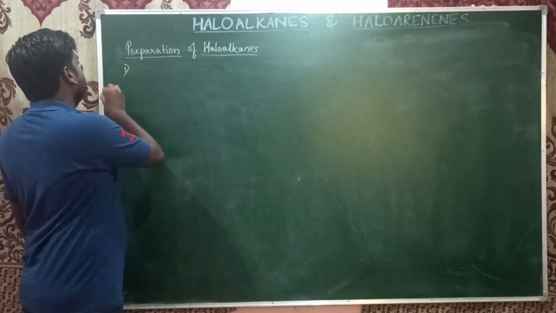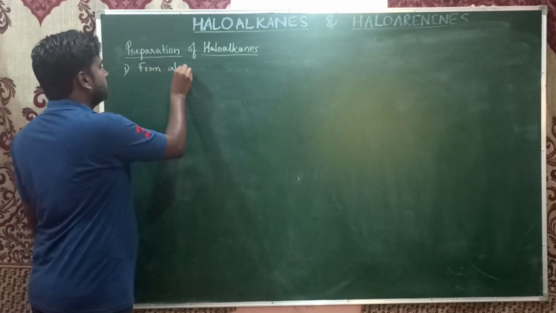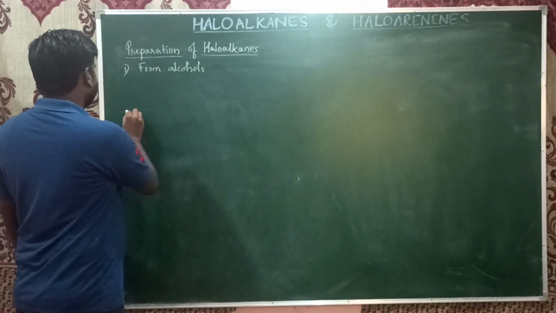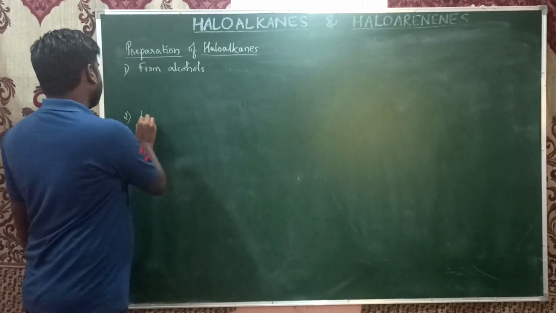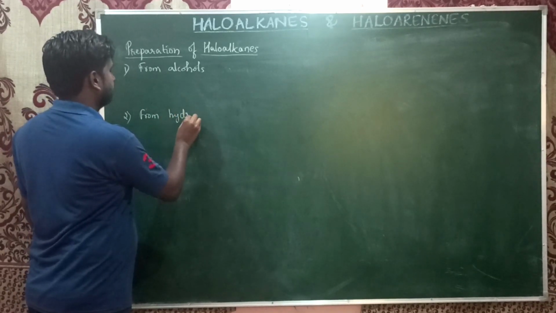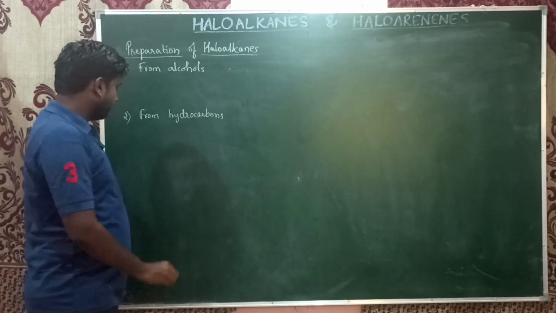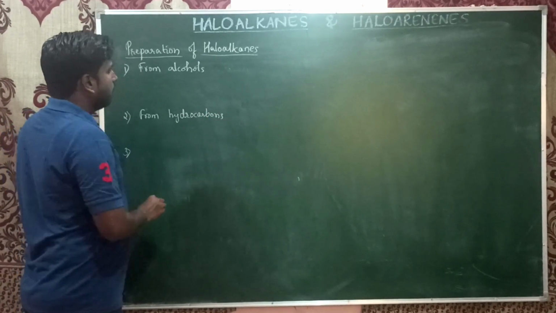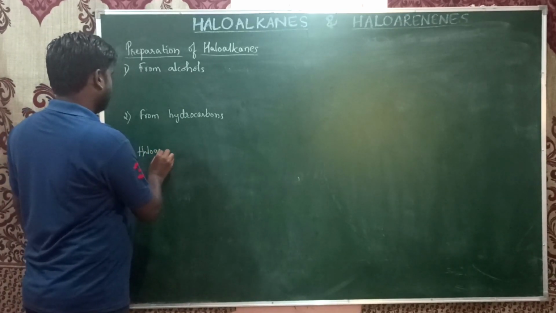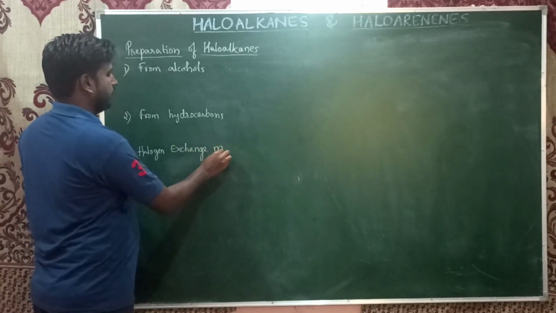The first one is the preparation of haloalkanes from alcohols, the second one is the preparation of haloalkanes from hydrocarbons, and the third one is the preparation of haloalkanes by halogen exchange methods.